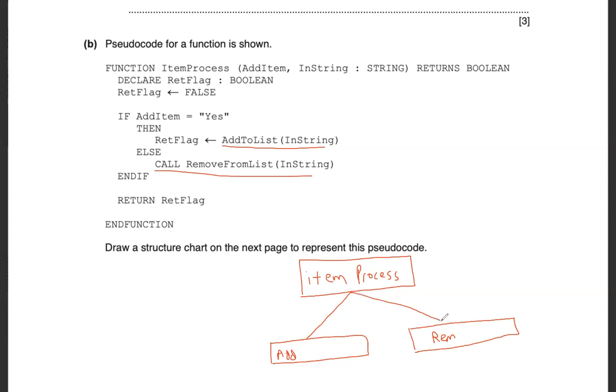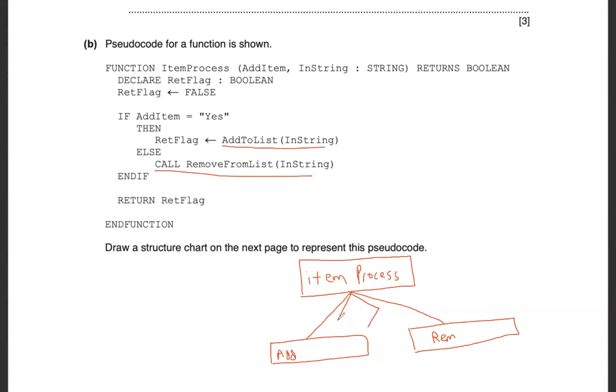One thing you notice here is that both of these subroutines are written in an if structure. So that means on certain conditions, only one of these will run. In that case, this should be a decision box right here.